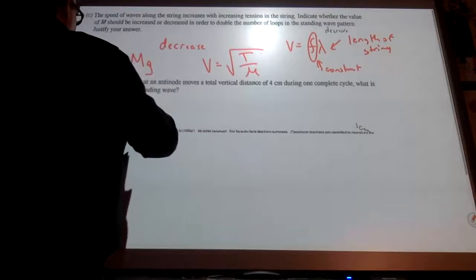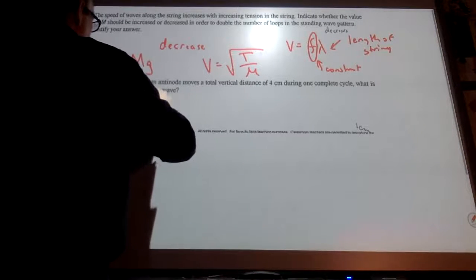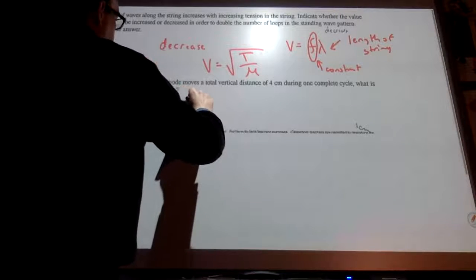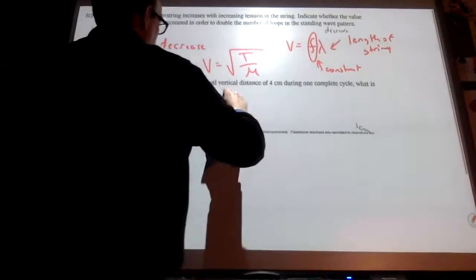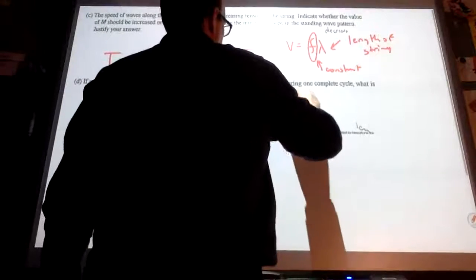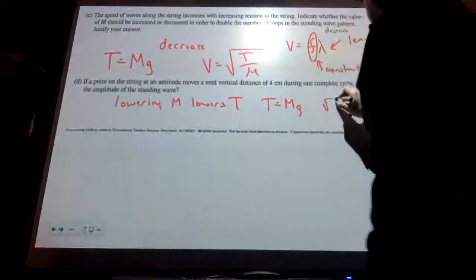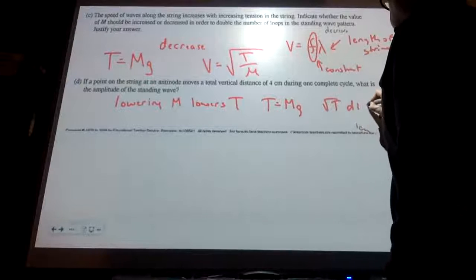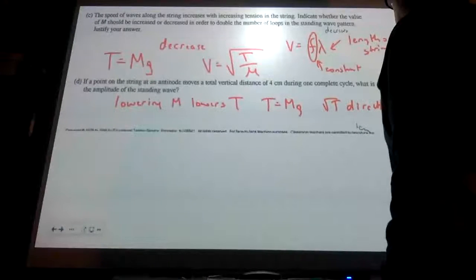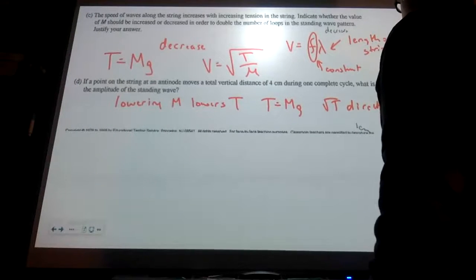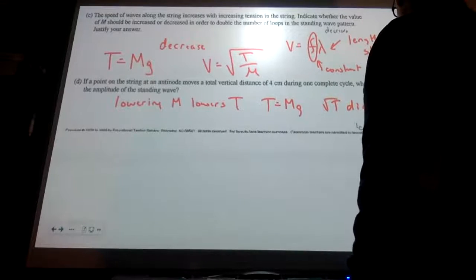So I would say that lowering M lowers tension, T equals Mg. The square root of tension is directly proportional to the velocity.